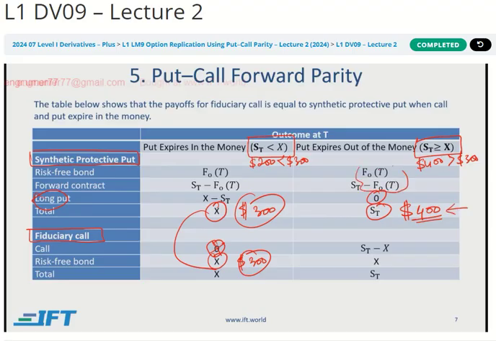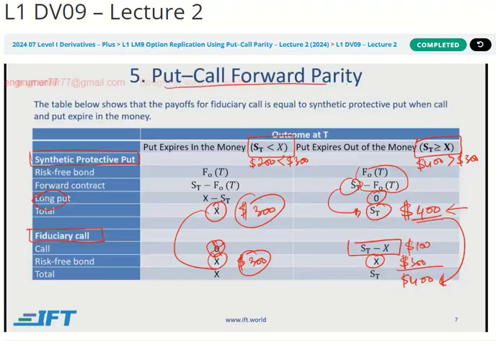So the F is cancelling the F and you're left with the ST. And in terms of your fiduciary call, your call option will be in profit, so you will have your zero coupon bond giving you the 300 and your call option will be in a profit of 100, and you will be netting a nice $400, which is the exact same amount as the synthetic protective put. So you can see that a synthetic protective put is equal to a fiduciary call, and this is what we call the put call forward parity.